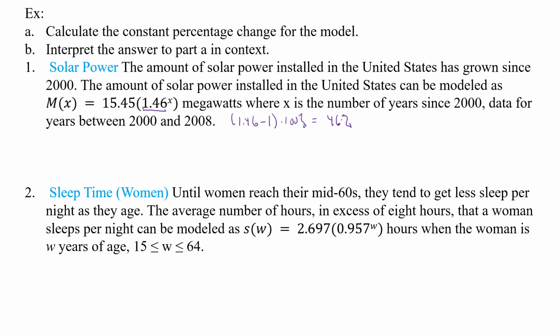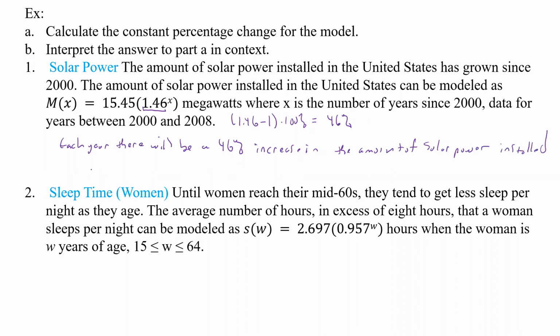Okay, and so interpret that based on this. Each year there will be a 46% increase in the amount of solar power installed in the US.